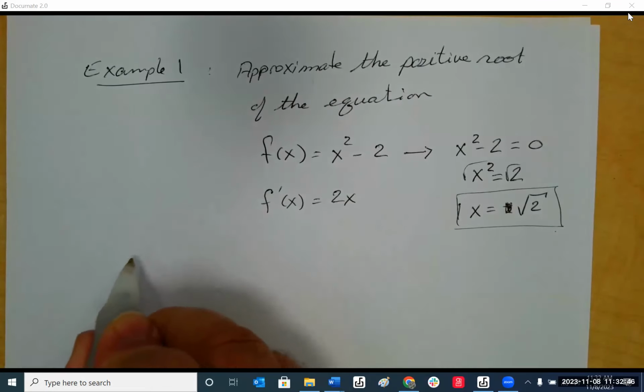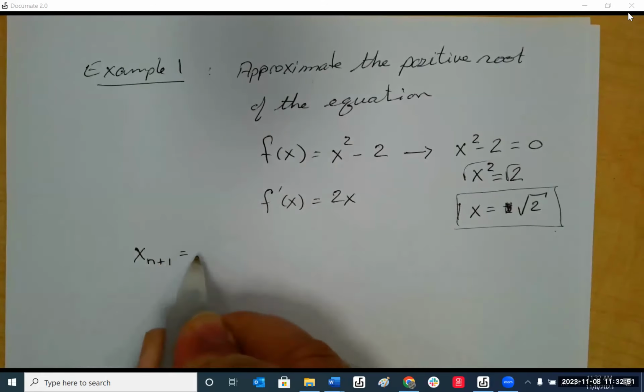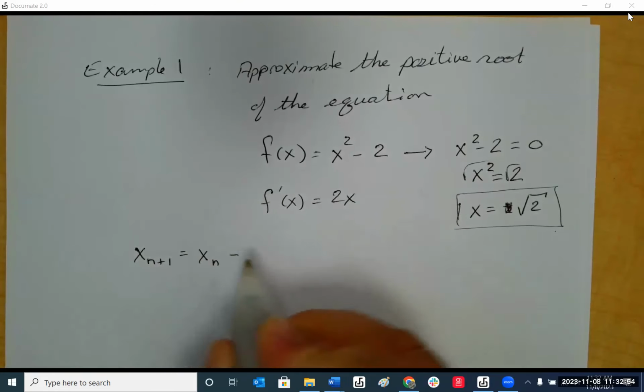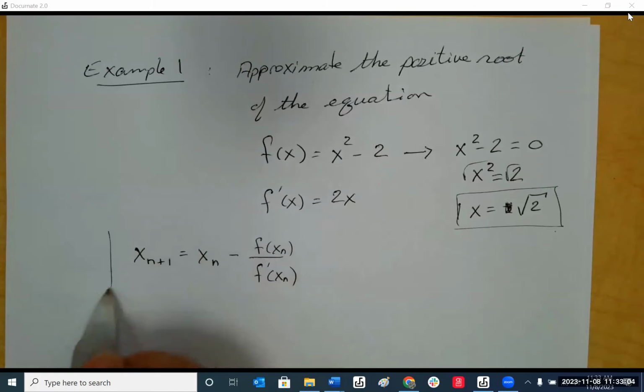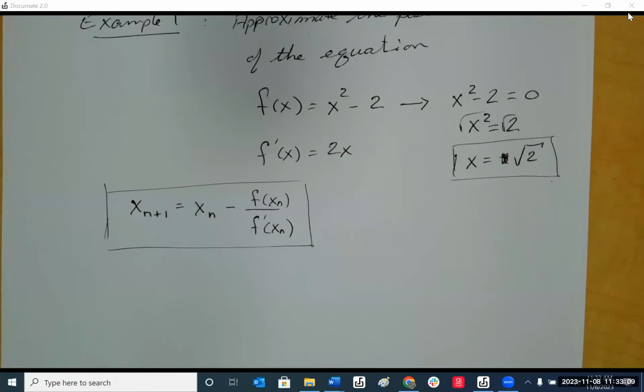So remember, our formula that we'll be using for our x values is x sub n plus 1 equals x sub n minus f of x sub n over f prime of x sub n. That's our formula we'll be using. Okay, let's plug in what we know so far.